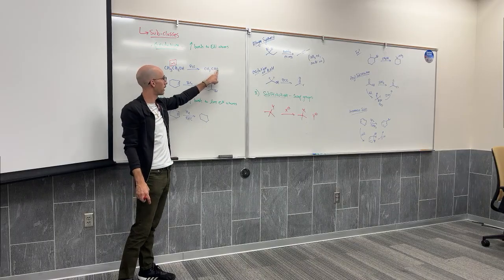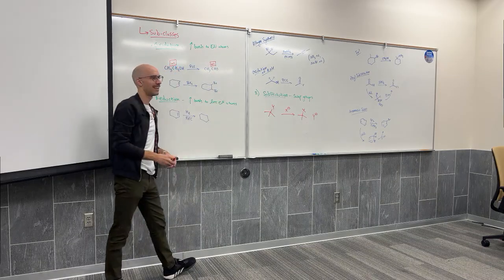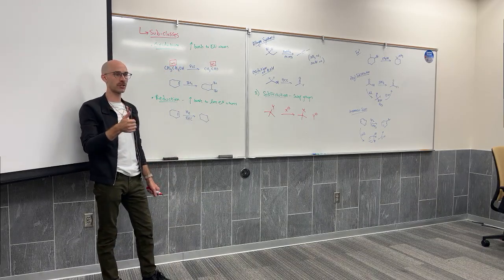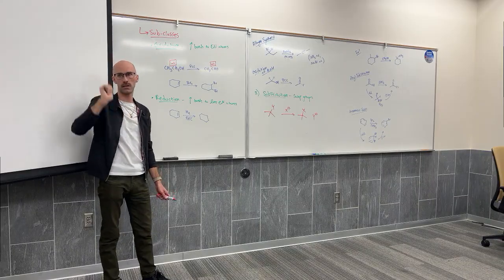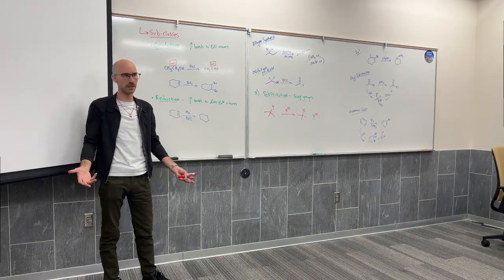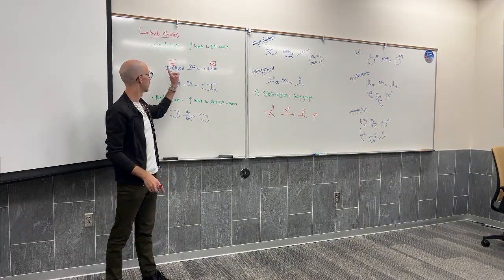So that's -1 and +2. That's a +1 oxidation state. Oxidation is a loss of electrons, a more positive oxidation state. Electrons are negative, so a more positive oxidation state is a loss of electrons. Oxidation.